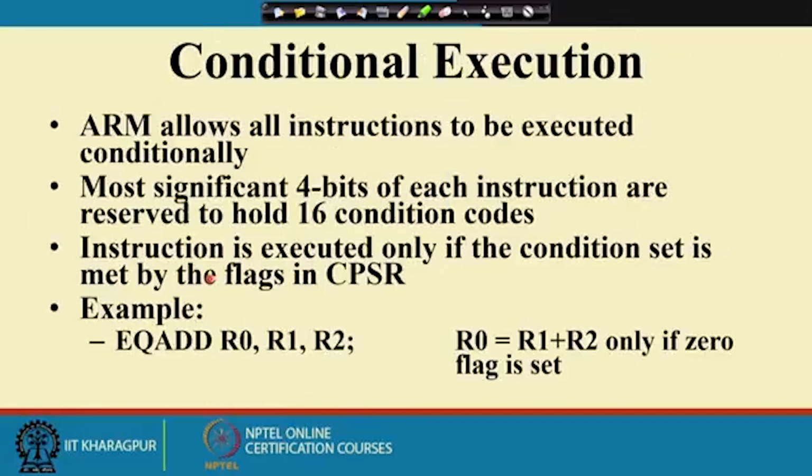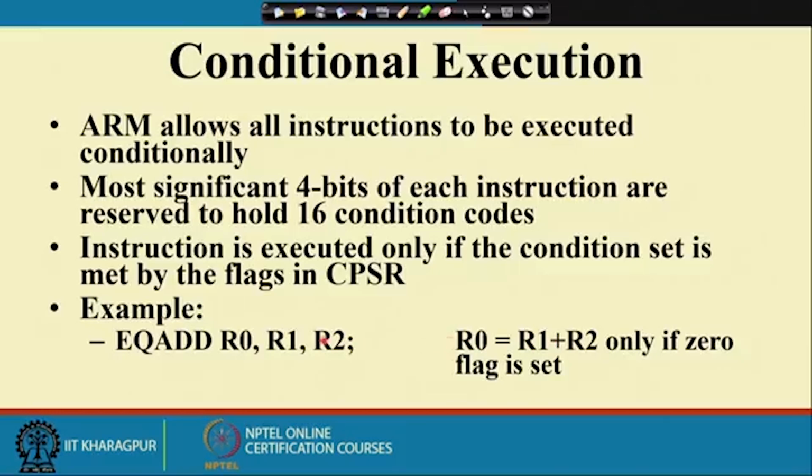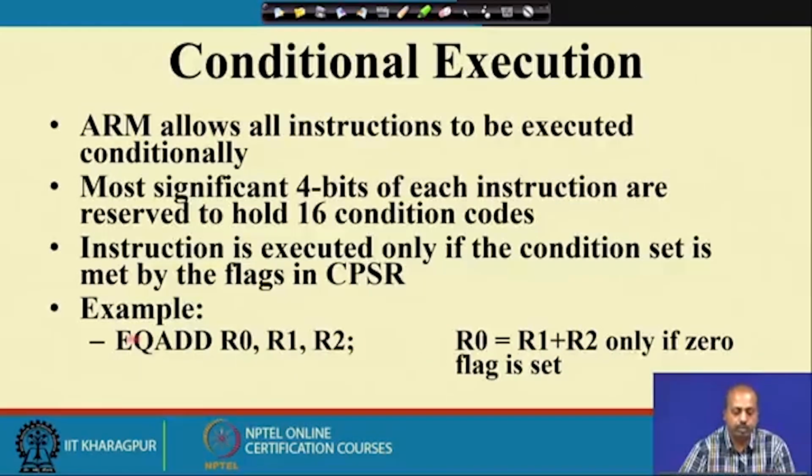Conditional execution. I have already introduced it. ARM allows instructions to be executed conditionally. The most significant 4 bits of each instruction are reserved as condition code. So, we have, say, R0 equal to R1 plus R2 only if the zero flag is set. So, this EQ part of EQ ADD tells that the addition will be done only if the zero flag was set.